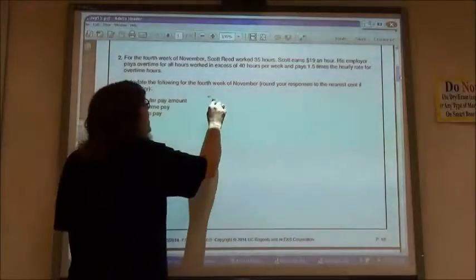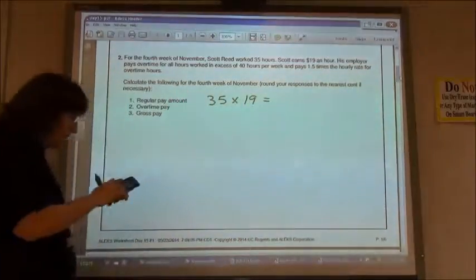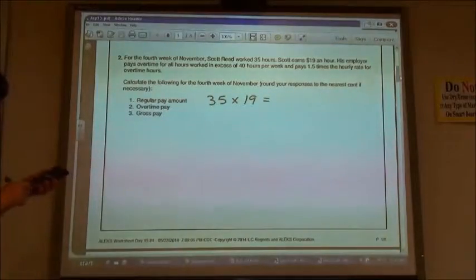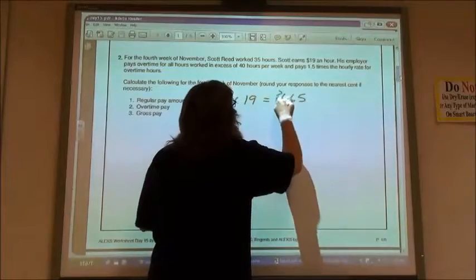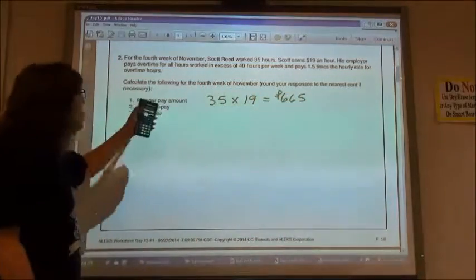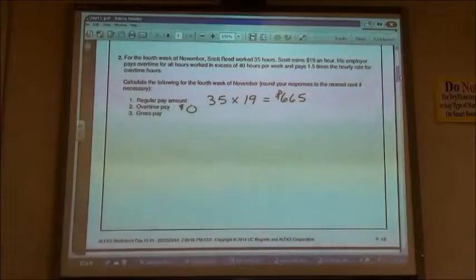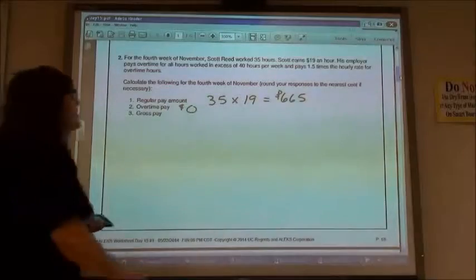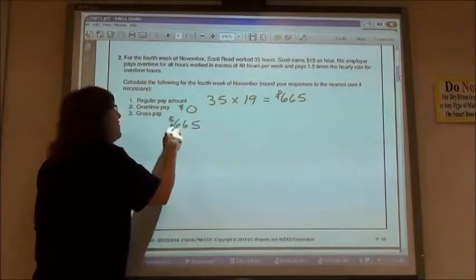So his regular pay amount was 35 hours times $19 an hour. 35 times 19 gives me $665. He didn't work any overtime hours, and so his overtime pay is just going to be $0. And so for his gross pay, $665 plus 0, still going to be $665.